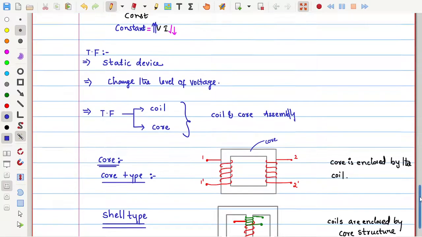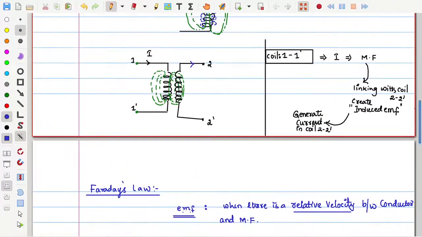What happens is that when we don't have a core, the flux established by the coil disperses in the air like this. But if flux is dispersing in this way, the flux which is spreading to the other side of the coil, the two dash coil, is not linking with the coil two dash. This is a wastage.